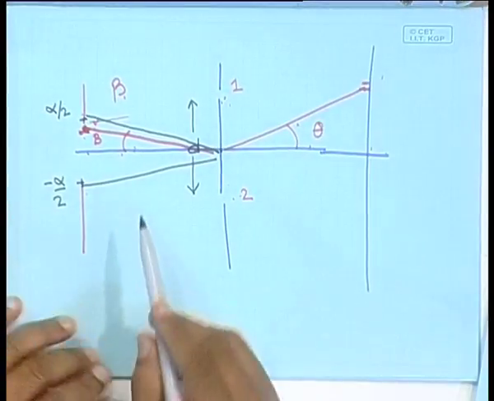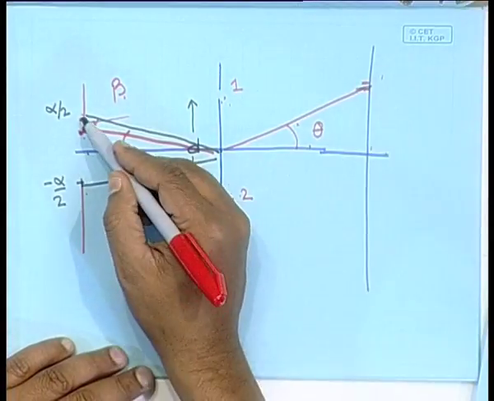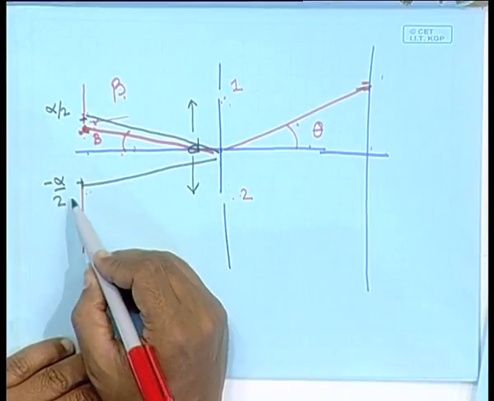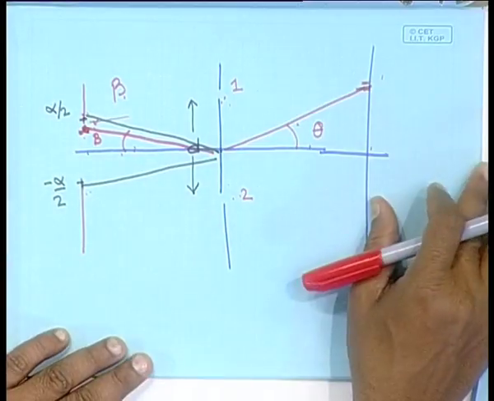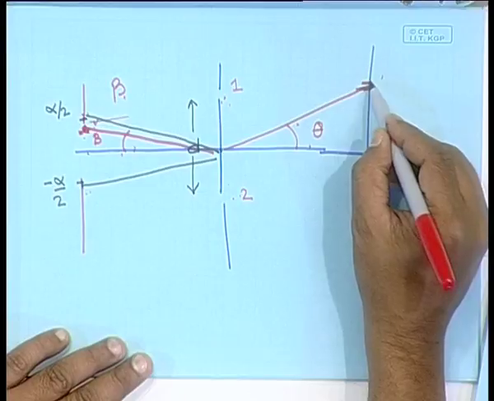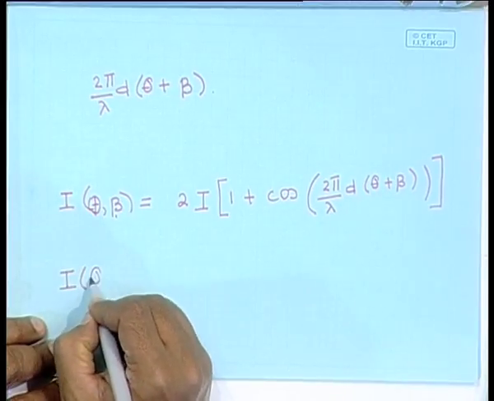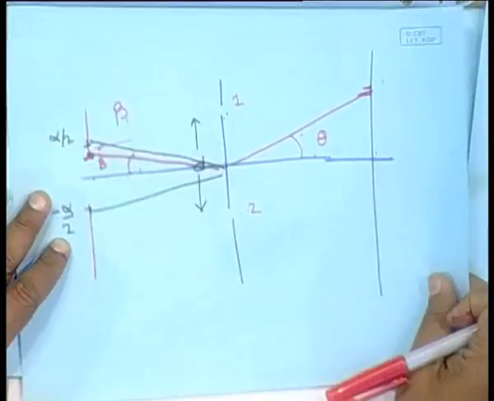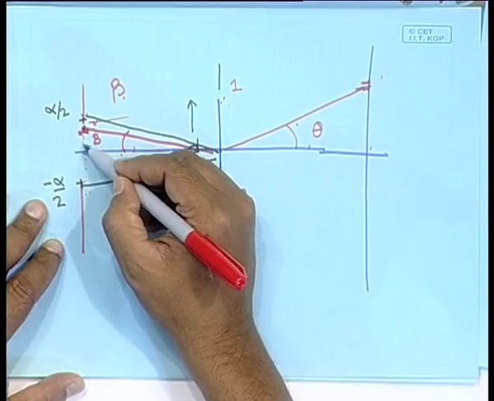Now, if you wish to calculate the intensity at this point due to the entire source, which spans from minus alpha by 2 to alpha by 2, it spans the total angle alpha. So, the total intensity at this point can be calculated by adding up the intensity contributions from all of these points.